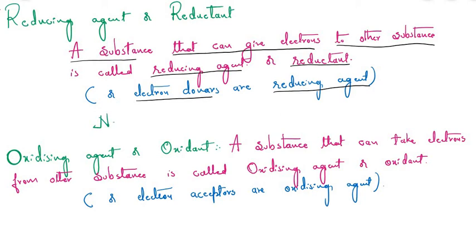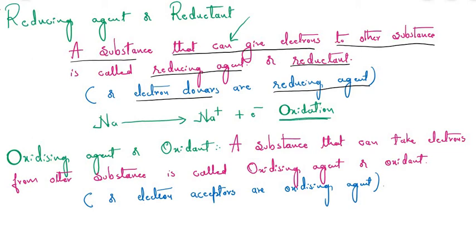Sodium is here. Na is an s-block element, and it has a tendency to lose an electron, so it becomes Na+ plus an electron. Now this process, the loss of an electron, is called oxidation. Here I am saying a substance that can give an electron, that loses an electron, undergoes a process called oxidation.